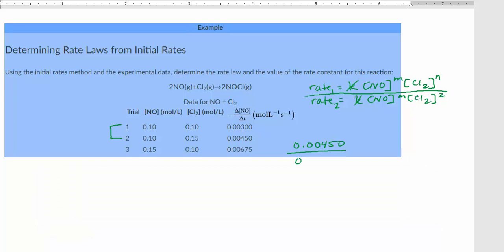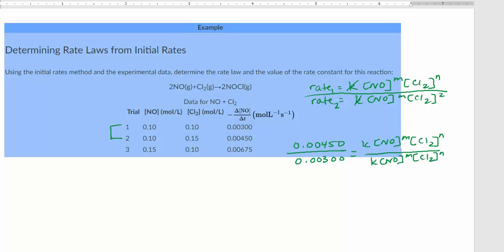Now that's going to be equal to K times the concentration of NO raised to an exponent we don't know, times the concentration of Cl2 raised to an exponent we don't know. And that's going to happen for both trials. The concentration of NO is held constant at 0.10.